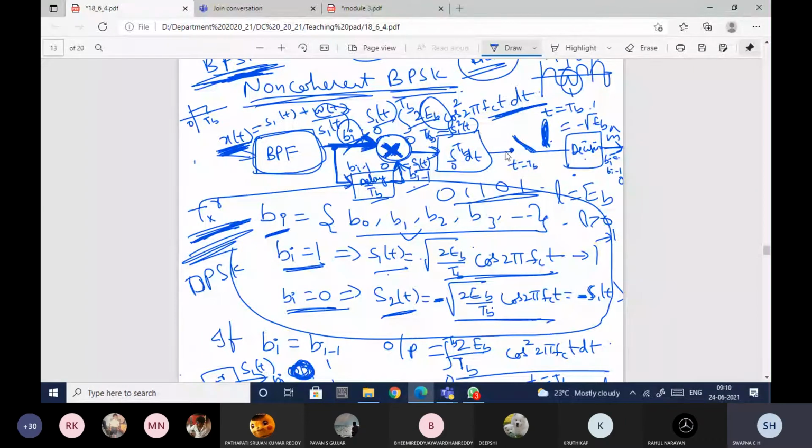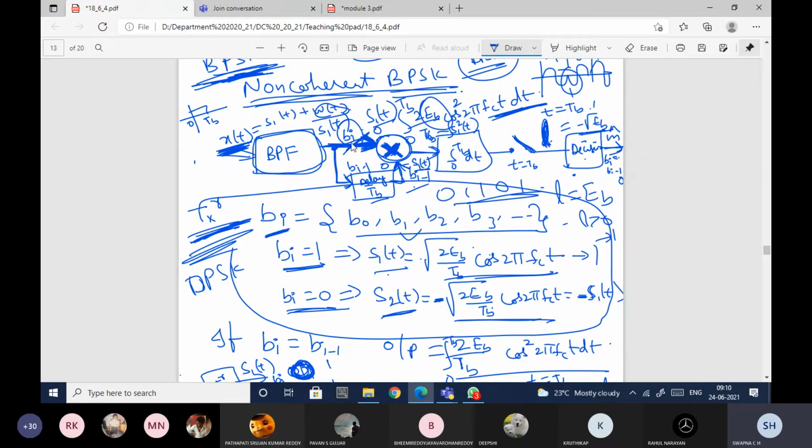When you sample it, your L value will be some constant value like this. That is given to the decision making device, which will give either symbol 0 or symbol 1 based on this L value. If the L value is greater than 0, it will take it as binary 0. If it is less than 0, it will take it as binary 1.